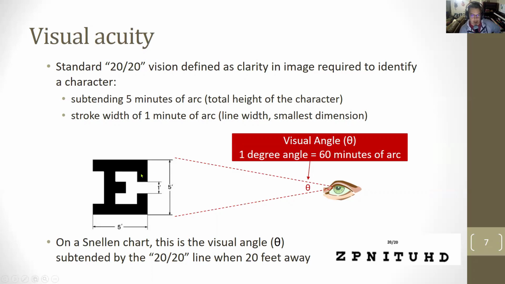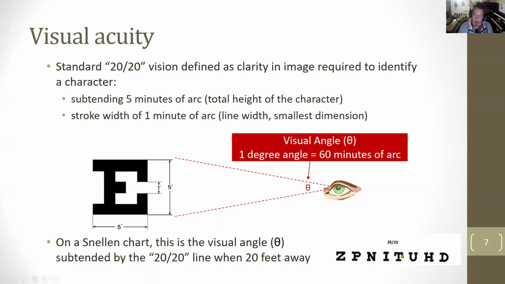So the thickness of this lettering needs to be at least 1 minute of arc if I'm 20/20 for it to be visible at all. Also, this gap needs to be at least 1 minute of arc so that I see there's a gap. Otherwise, my eyes are not going to see a gap there. It's going to be like a continuous filled shape. Okay. Good, yes. So that's how they tune these sorts of Snellen charts.